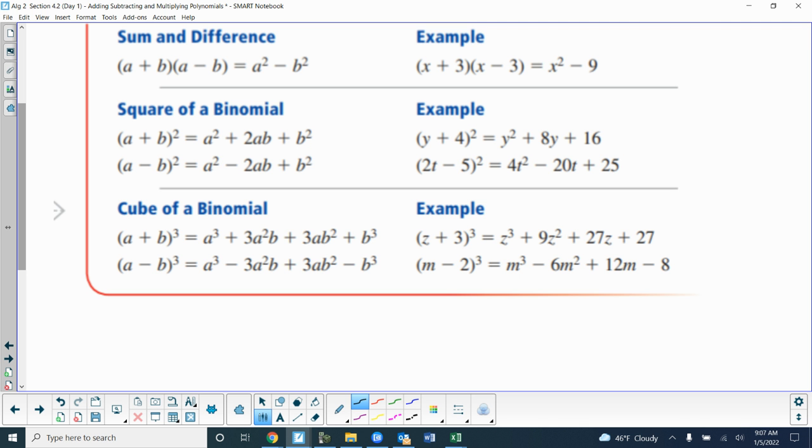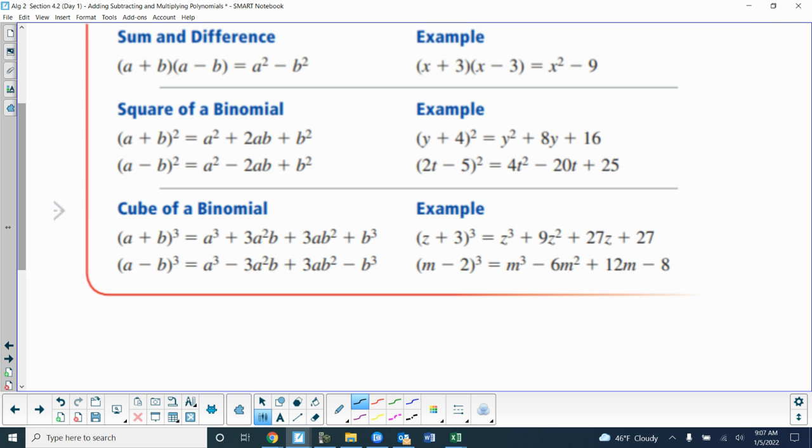So you got 3z squared times another 3. That's where the 9z squared comes from. Then you're going to square the 3, the b part, which is 9, times the a part, z. So you got 9z times 3 again. That's where that 27z comes from. And then you cube the 3. 3 times 3 times 3 is 27.